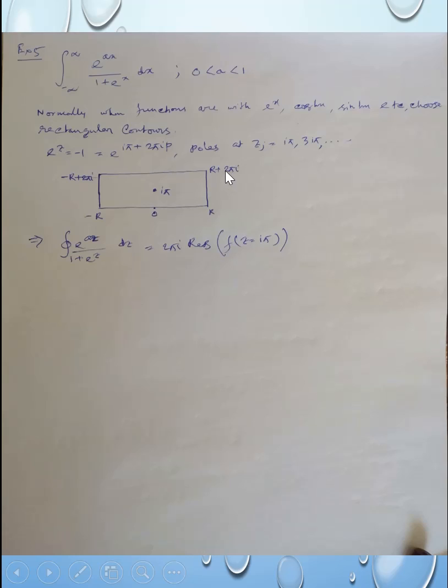Since it is a rectangle, we have to choose the boundaries in the same way. Then you just have to calculate the residue for i pi.